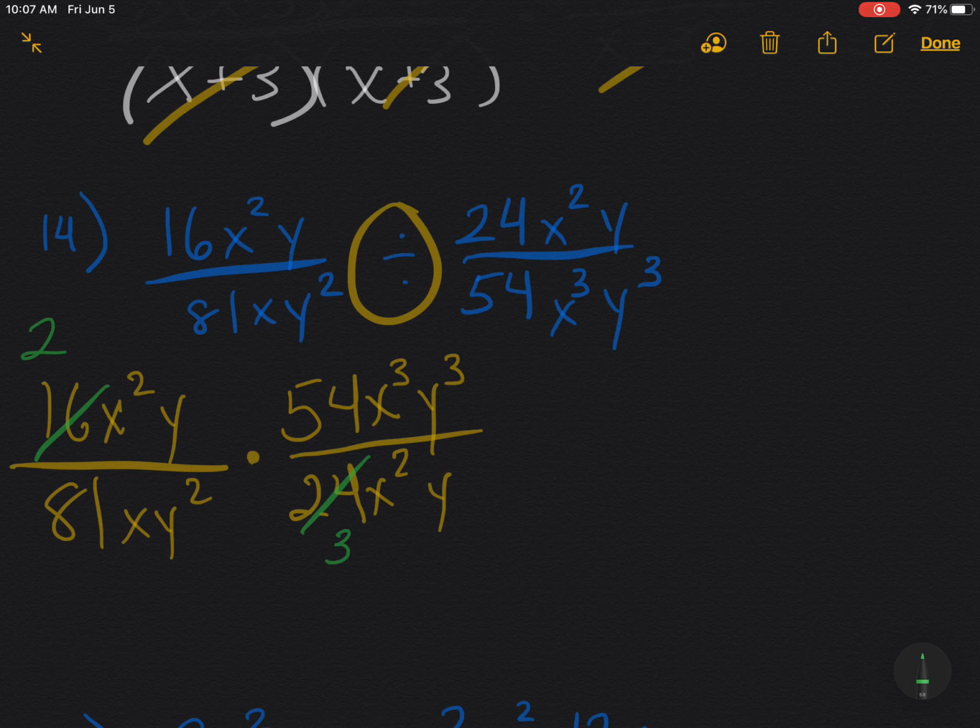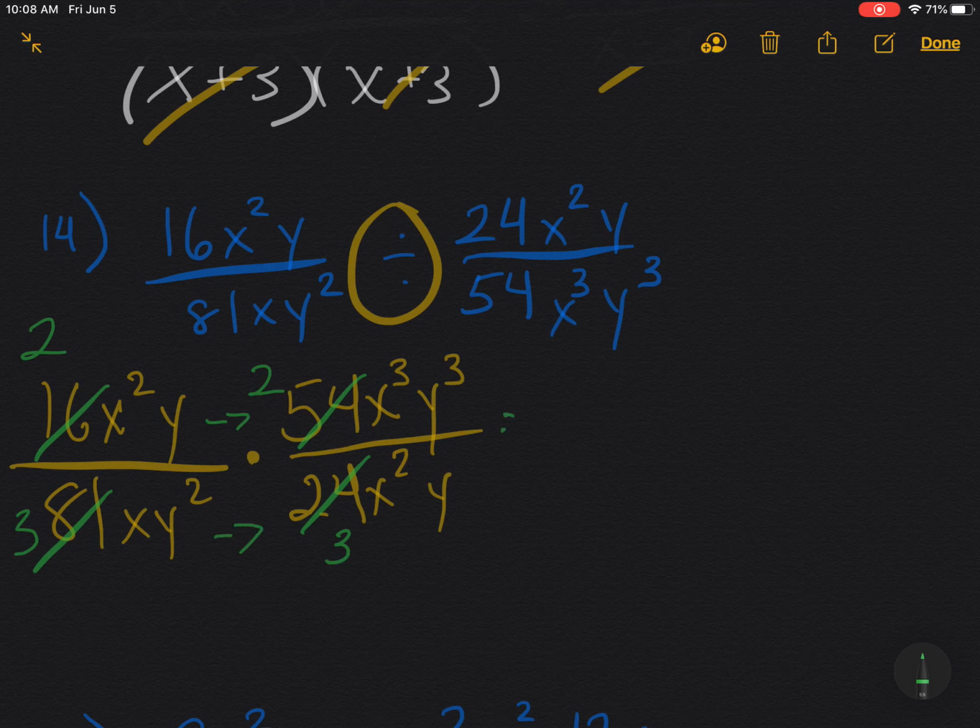So I'm thinking of the number that they have that's the greatest. So 27. So if I divide 54 by 27, that's 2. And if I divide 81 by 27, that's 3. Okay? So now I've made these numbers smaller, and I can go ahead and just combine this away.